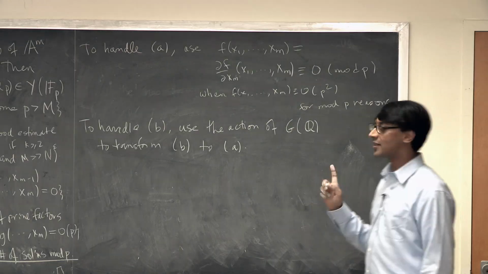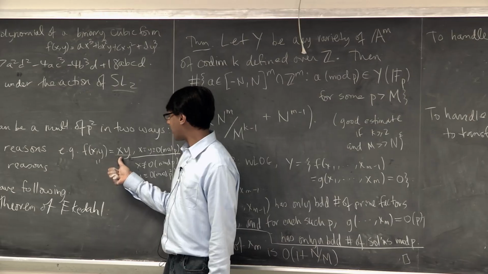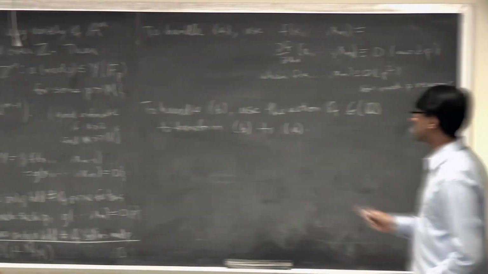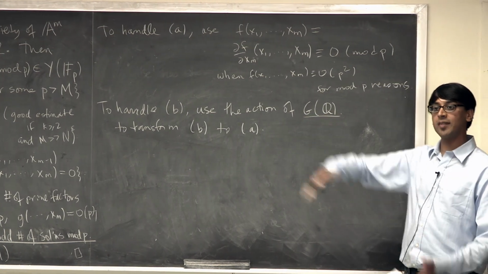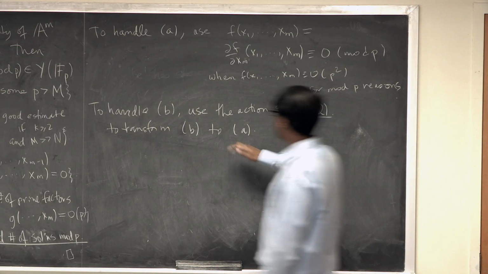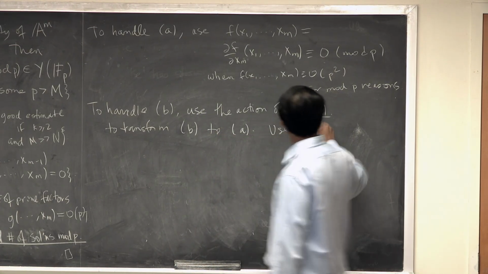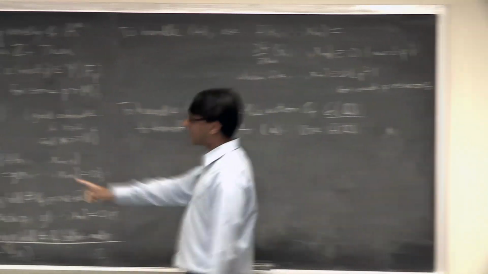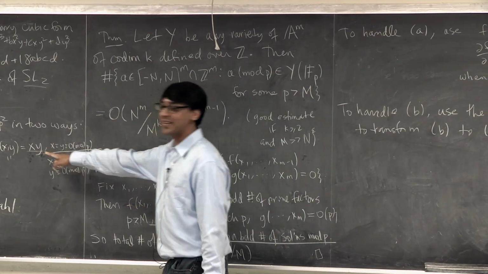Okay, now there's something slightly wrong with that, which is that when you do this, why would that not immediately work here? Well, it's because the sizes of things have changed. Right? So when you do a transformation in G of Q, you may have changed the size of the variables. You may have left the box. So use the action of G of Q to transform B to A, and then use the action of G of Z to restore the sizes of the variables. So you also need the fact that G of Z is big, which it's not here, although you can still make this work in this case too. But this case is not terribly interesting anyway.